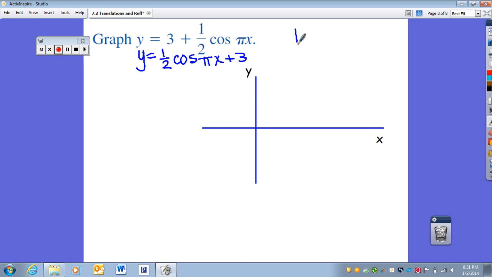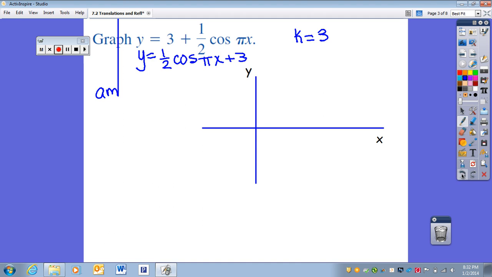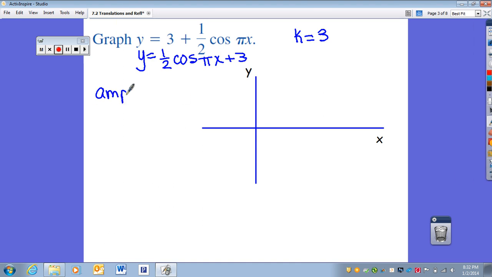So our k value is equal to 3, and that means that we are going to shift our entire graph up 3 units, shift it vertically. Before we do that, we want to find out, first of all, our amplitude. And if you recall, our amplitude is the absolute value of our a. So our amplitude is going to be 1/2.